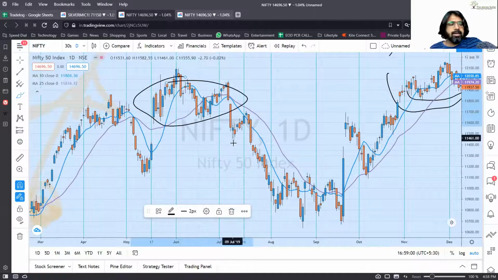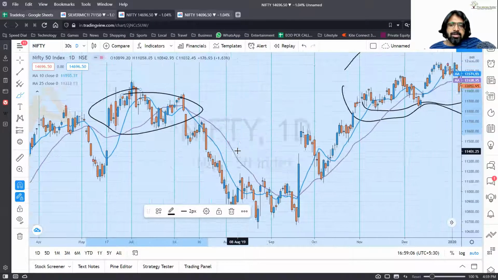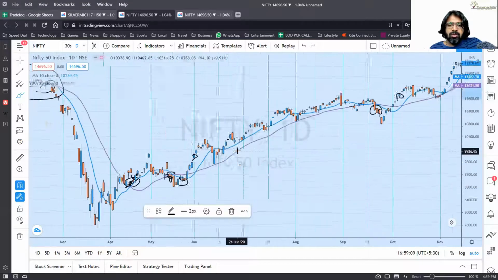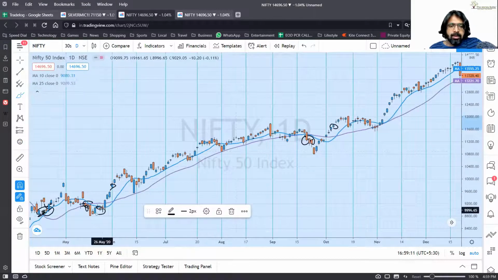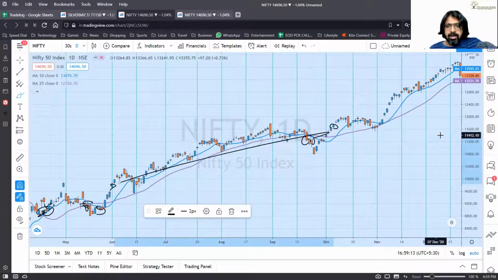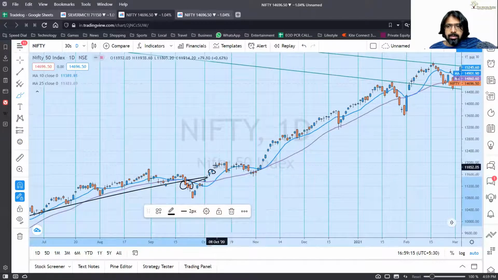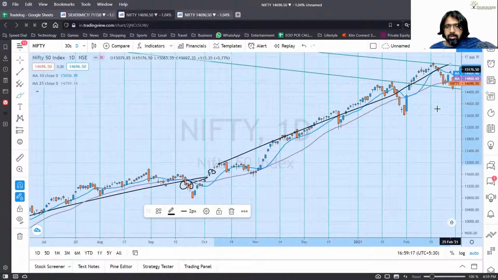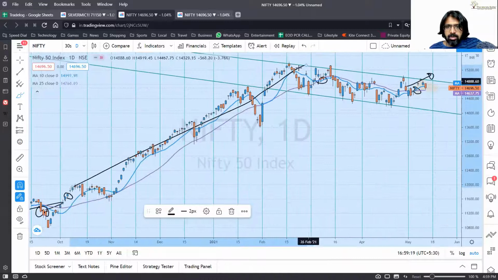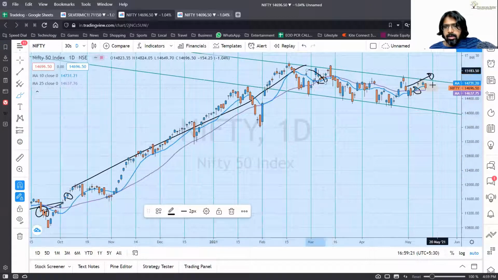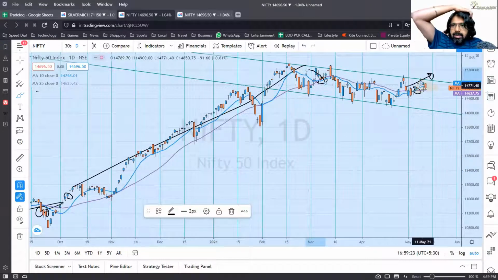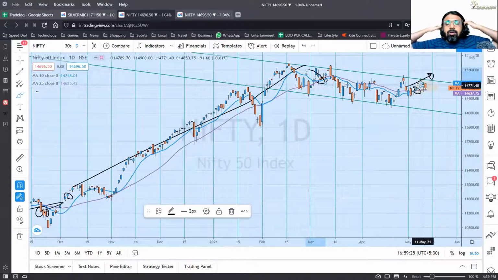That is a hazard of war, we cannot help it. But these traps are much lesser than the profits that you are making in, let's say, this trade, and this ongoing trade which went on till here, and probably the trades to come. So this is how people are trading the moving average crossover techniques.